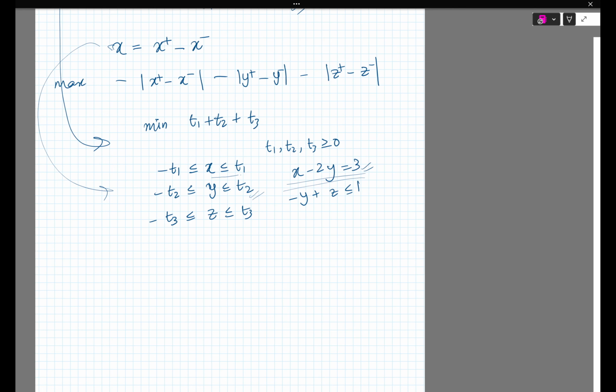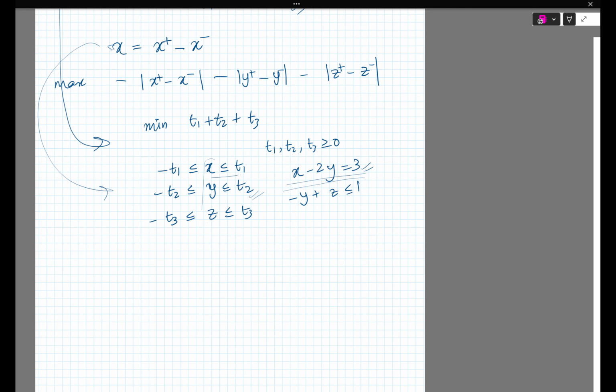But why are we doing this? We want constraints in terms of t1 and t2, right? No, constraints will have x and y, everything will be there, right? We know, but now we have to change this. The minimization problem has been changed to t1, t2, t3.